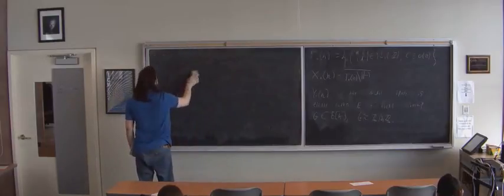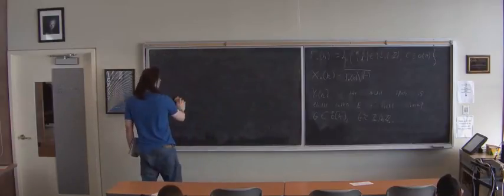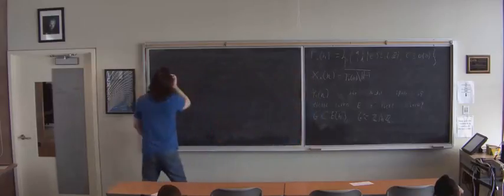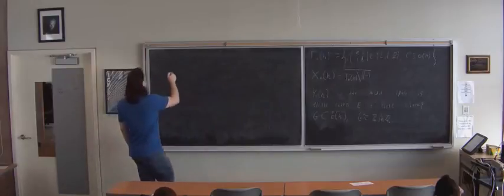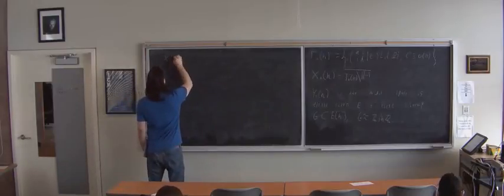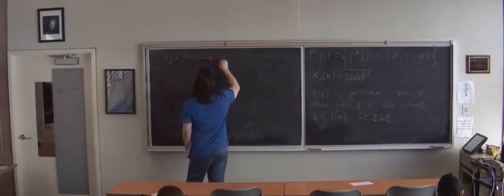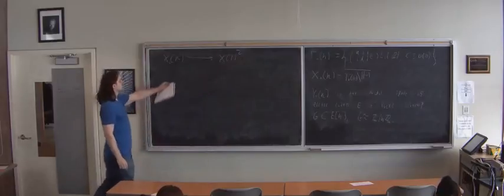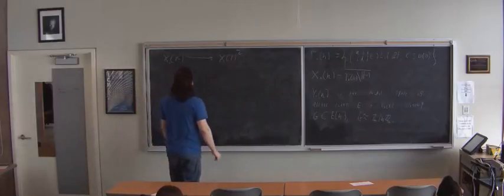Okay, but then this space actually has a natural map to X1 squared. There's a map from X naught of n into X1 squared, which is generically an injection.